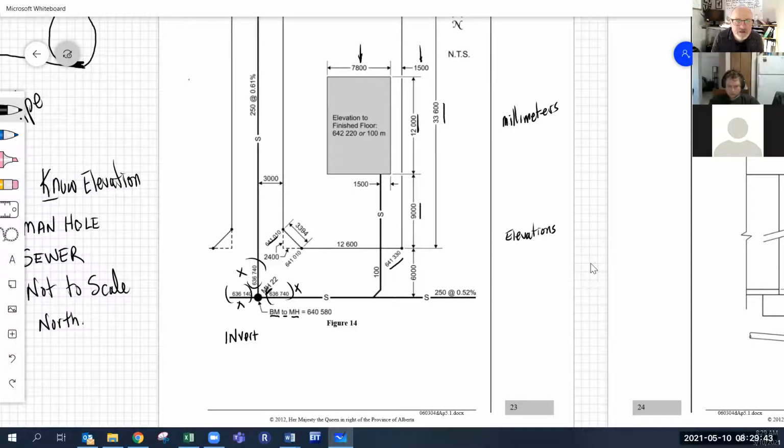Millimeters, millimeters, millimeters. Okay. This right here tells you the size of the pipe and at what grade it's running. So right here, it's the size of pipe. That's 250 millimeters or 10 inches. And this is the grade that it's running.